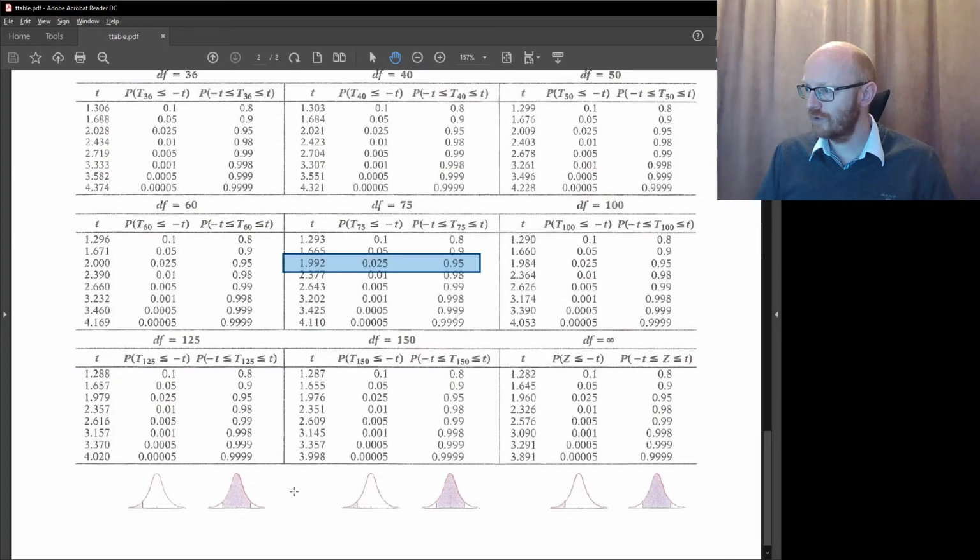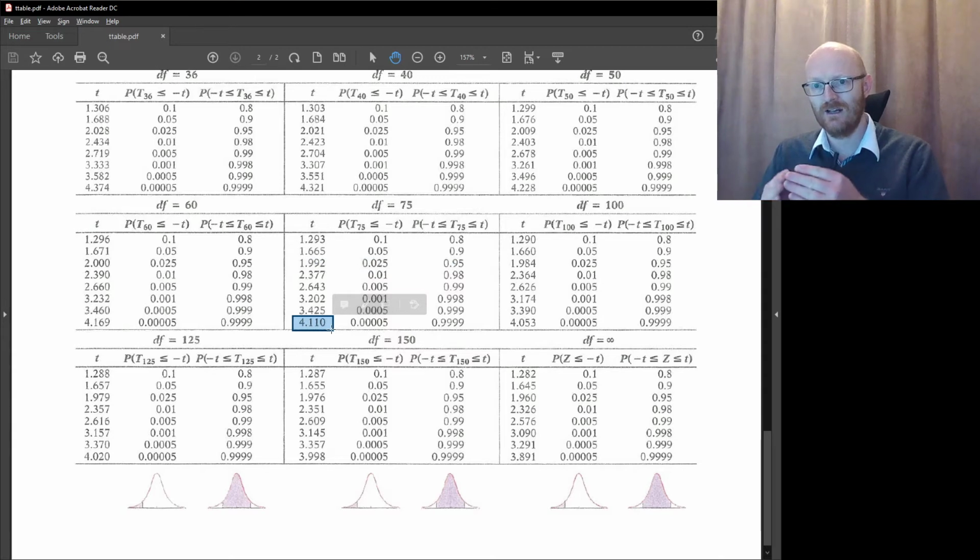And we can probably see that here with degrees of freedom of 75. If you go 4.11 standard errors away from the mean, then the area under the tail is 0.00005, which is incredibly small.